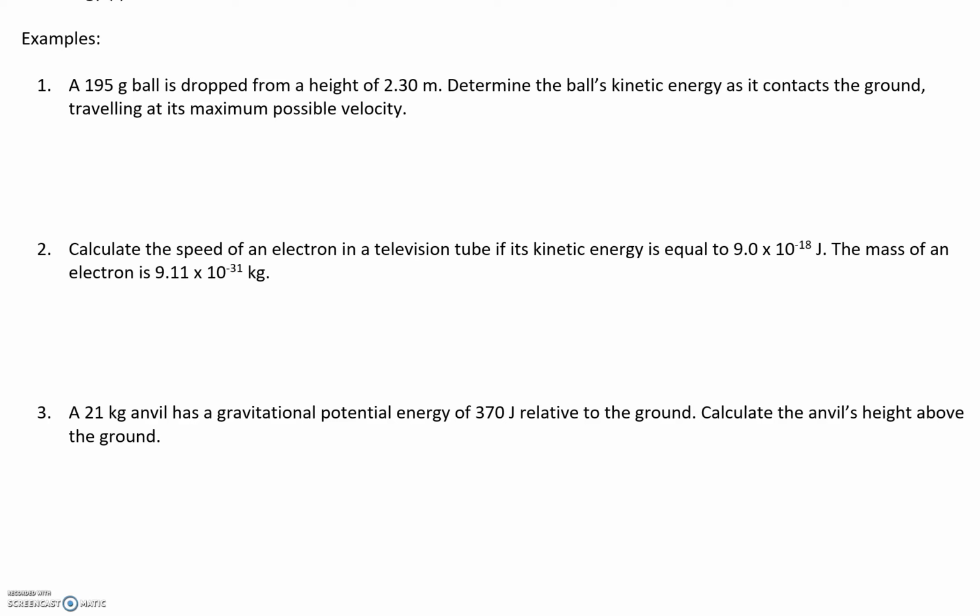Basically, it starts with a height at the beginning, and it's dropped, so that entire potential energy transfers into the kinetic energy at the end. I'll put final and initial here, which is going to become more important in that conservation of energy topic that I was hinting at.